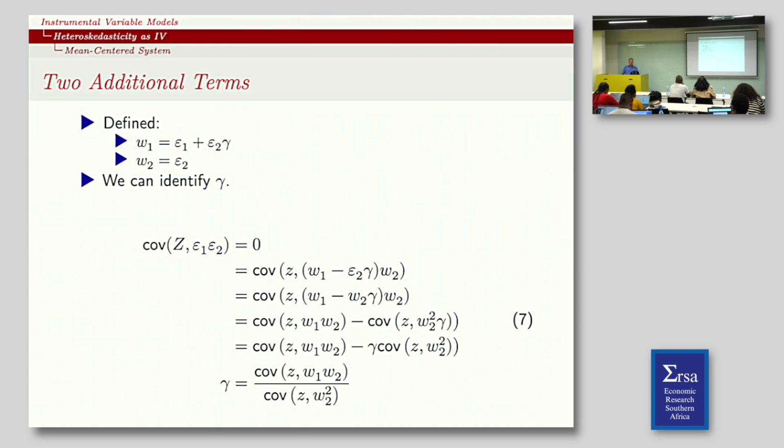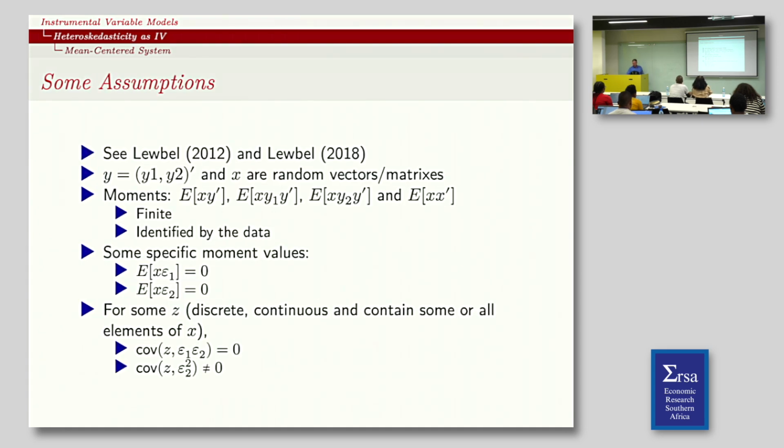That's what's sitting in the denominator. For that gamma to be found, I can't divide by 0. Which is where this assumption comes from.